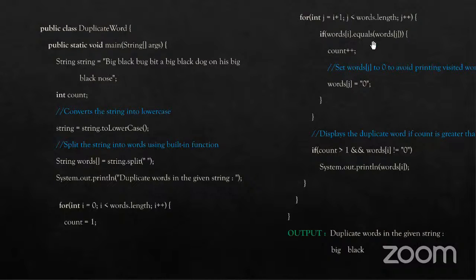So to avoid that, we convert the string to either lowercase or uppercase. We can use the toLowerCase method, and we also have the toUpperCase method to convert the string into uppercase.